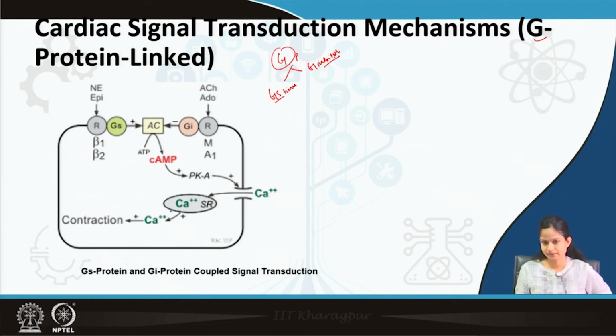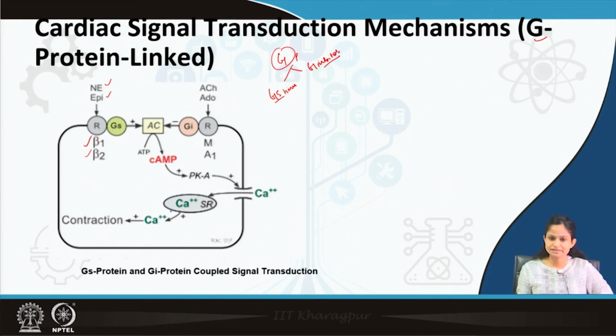G proteins are usually attached to a molecule, adenyl cyclase. Whenever norepinephrine or epinephrine bind to receptors related to the G stimulatory proteins, for example beta 1 and beta 2, adenyl cyclase is affected.